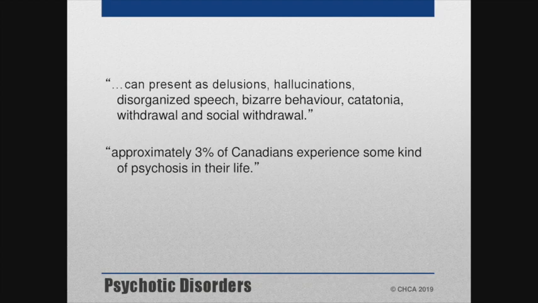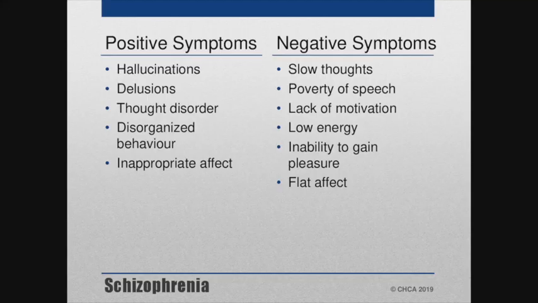For further information on treatment, you can see the clinical practice guidelines. For the purpose of this update, we won't go into depth on those treatment regimens. For psychotic disorders, they can present as delusions, hallucinations, disorganized speech, bizarre behavior, catatonia, or social withdrawal. And as I mentioned, these prevalence rates within the First Nation communities are much higher than that of the general Canadian population.